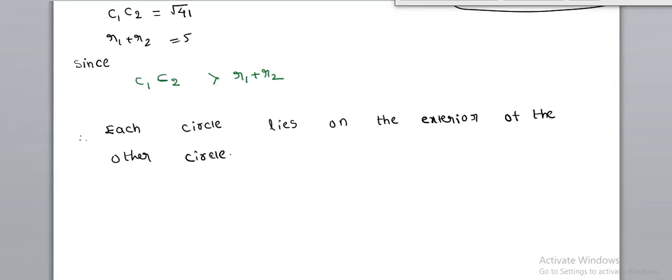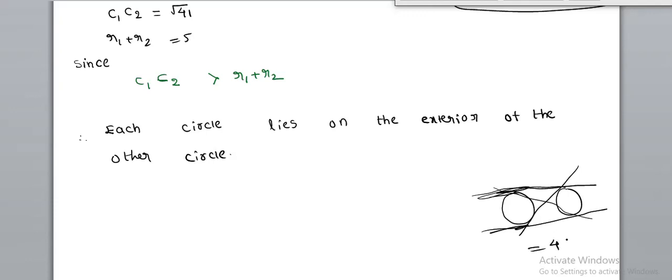That means how many tangents can be drawn? That means this is common. 4 tangents you can draw. 4 tangents we can draw. Okay, write down.